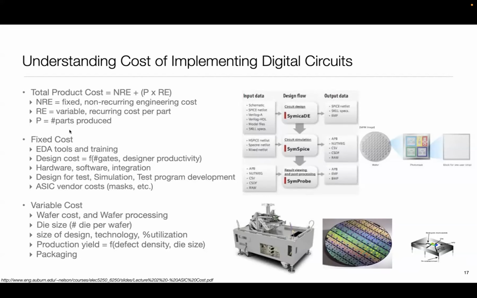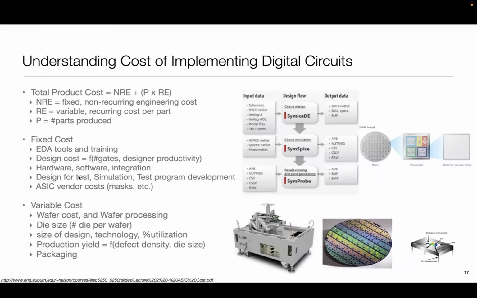So fixed cost in case of chips includes cost of design tools, training cost, how complex the chip was, so how much design time it took, right? A complex chip or a complex software just takes more design time, and we have to hire more employees and all.